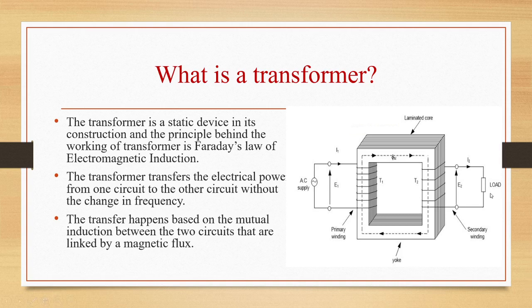And transformer operating principle is Faraday's law of electromagnetic induction, that is whenever alternating voltage is applied to the primary winding of a transformer, EMF is getting induced in the primary as well as secondary, because whenever there is a change in flux linking with the coil, EMF is induced. So when we are applying alternating voltage to the primary winding, alternating current will flow in the primary winding, alternating flux is set up in the primary winding.